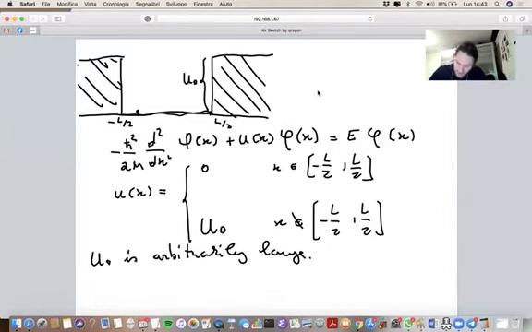This is my U naught. But I'm allowed to let this U naught be as large as I want and draw consequences for that. Okay, so that's how we formulate the problem mathematically.